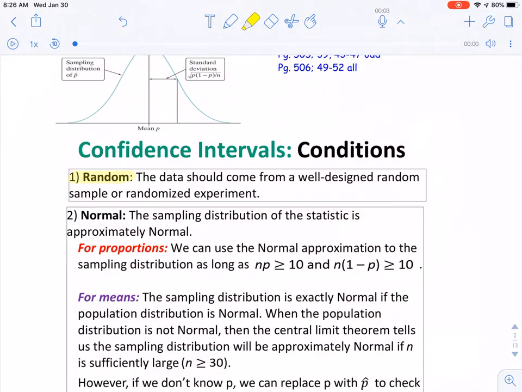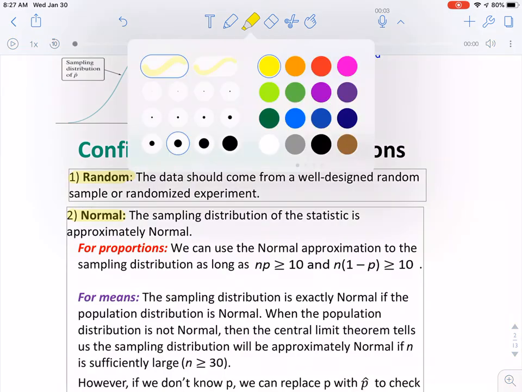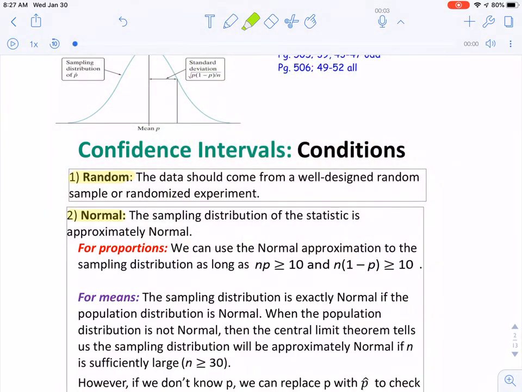Okay. The second condition that needs to be checked is for normality, because if you recall, we're using these critical values, these z-scores, which are all based on the notion that we're dealing with a normal curve. Now this section is going to focus on proportions, and so when we deal with proportions to check for normality, we are checking what we had called the large counts condition, which was the number in the sample times p, the probability of a success, and then the number in the sample times essentially the probability of a failure.